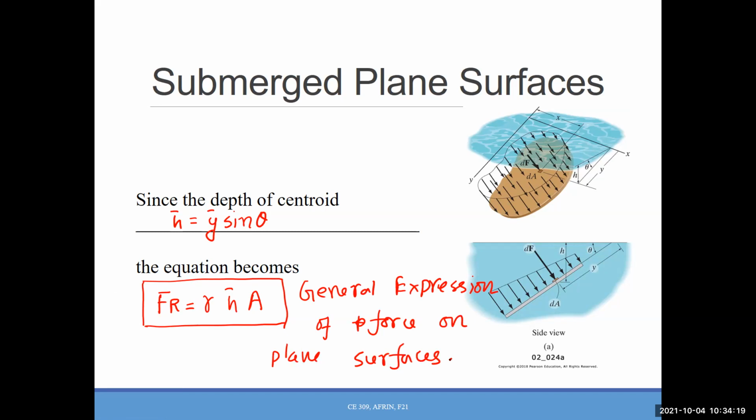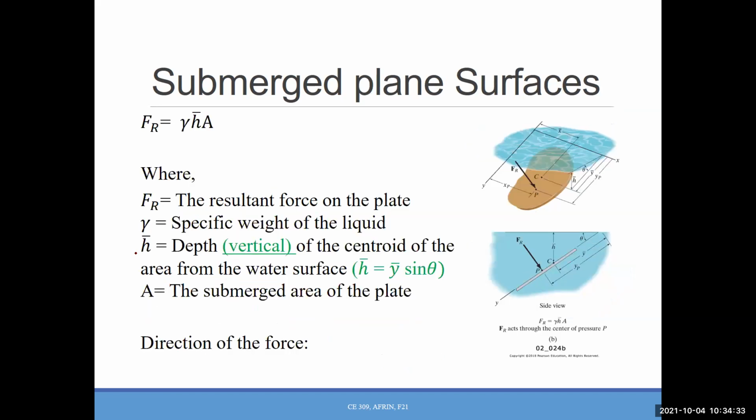And I think in your copy, you have all the names for each parameter, like which parameter represents what. The only thing to add is, just make sure you write down that h bar is the vertical depth, okay?